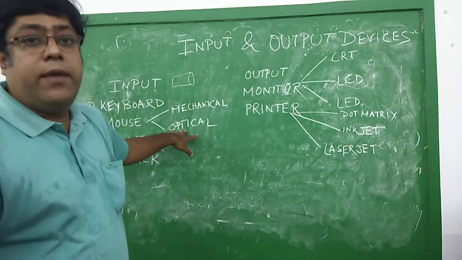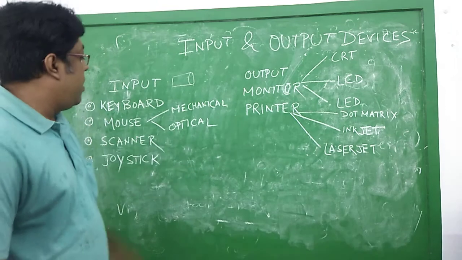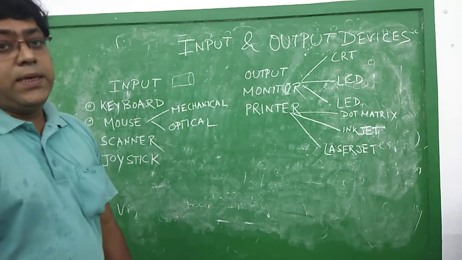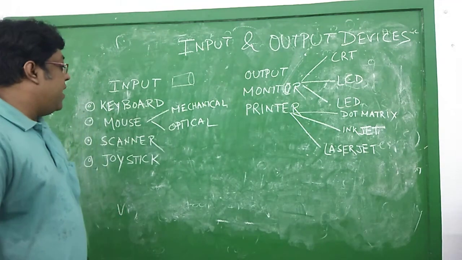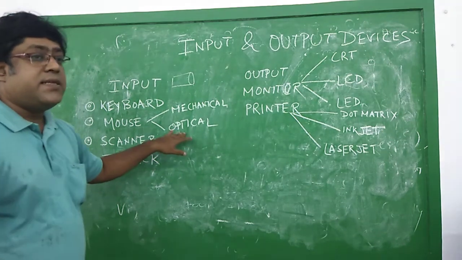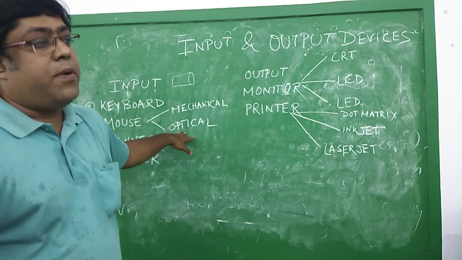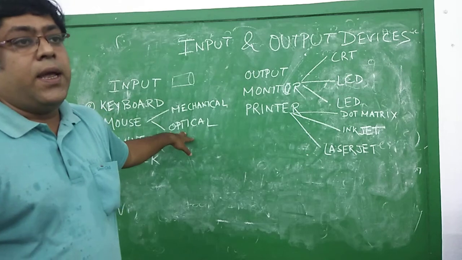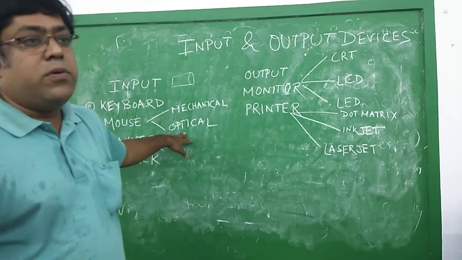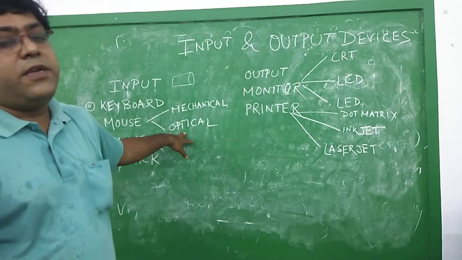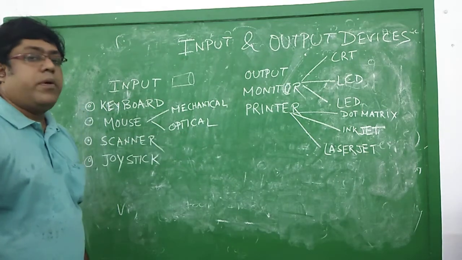Another is the optical mouse. Optics is light. It senses the light, and it is a light sensing device. As per the movement of the light, it is sensed by the mouse and reflected onto the computer desktop.